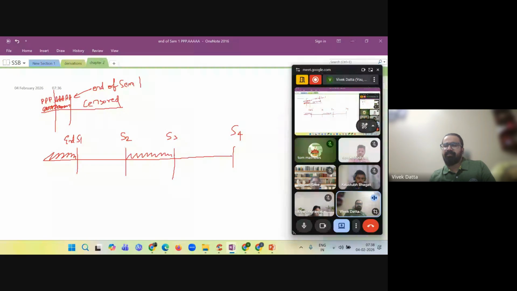These are my attendances. Now this type of data is called truncated data, where part of it is missing.